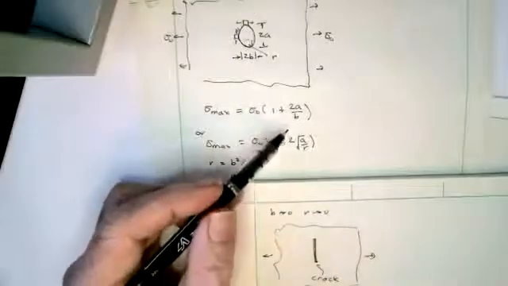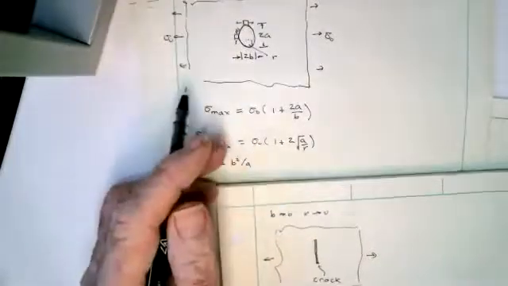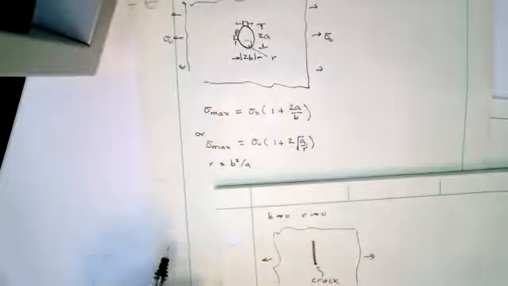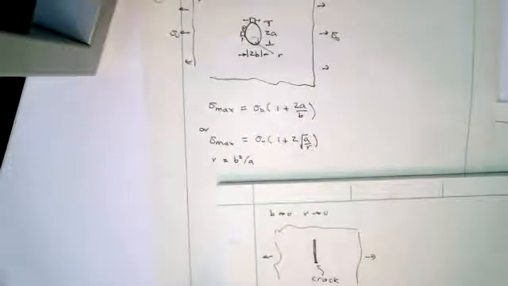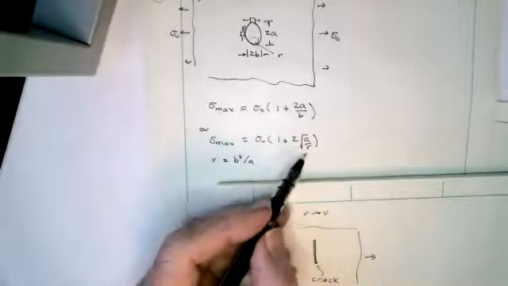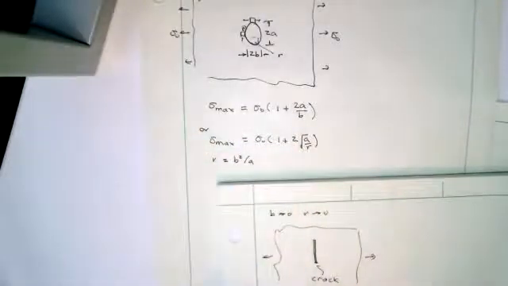What this formula tells you is that it has a very big KT. In fact, if you make R or B go to 0, sigma max tends to infinity.